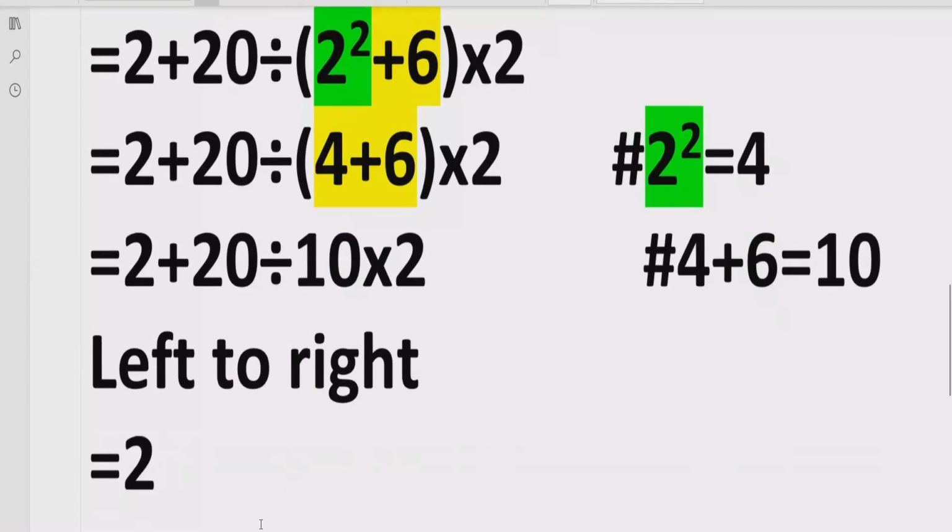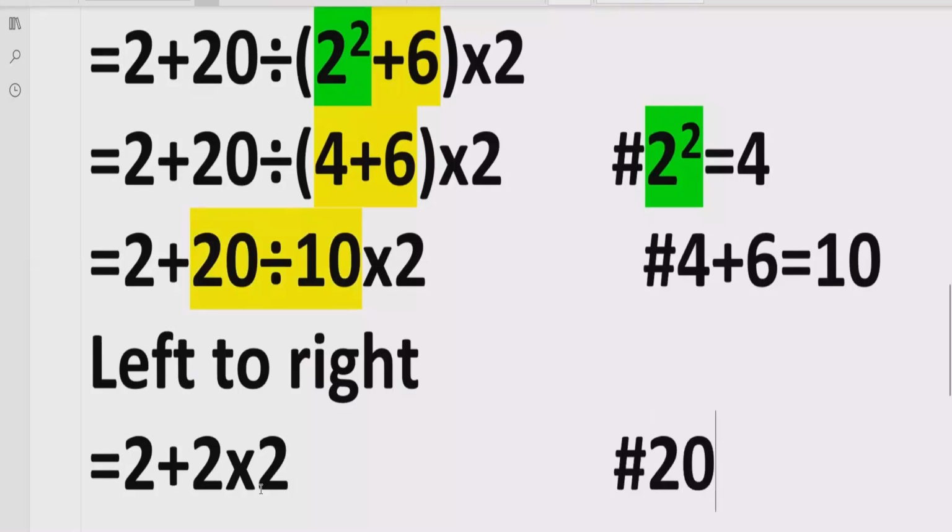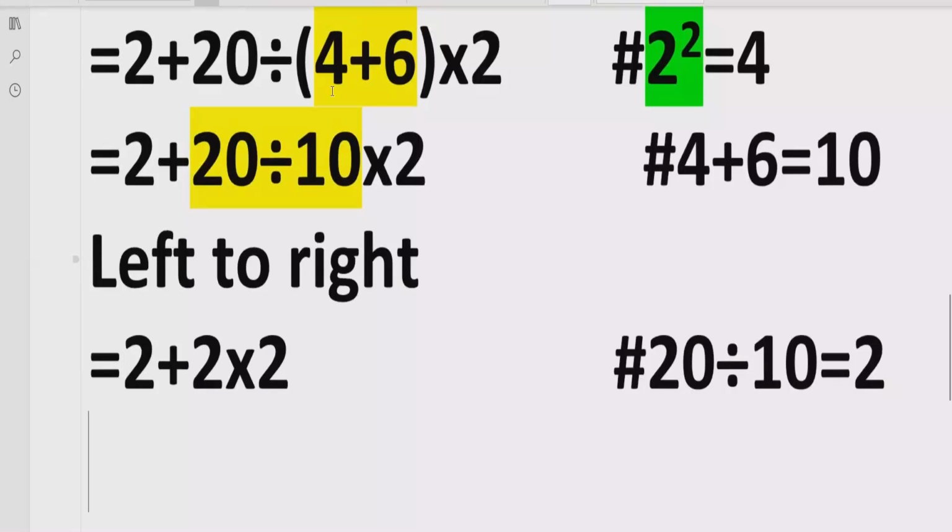So first we have 2 plus 20 divided by 10, which equals 2. And multiplied by 2, we will write as it is. And here we give the reference: 20 divided by 10 equals 2. Now we have solved the division.